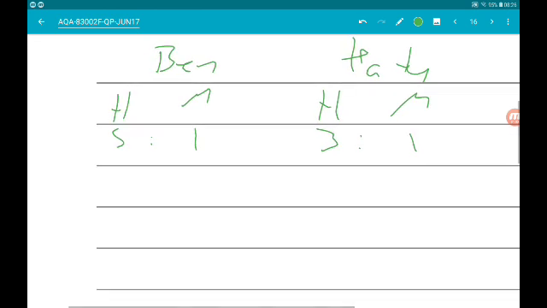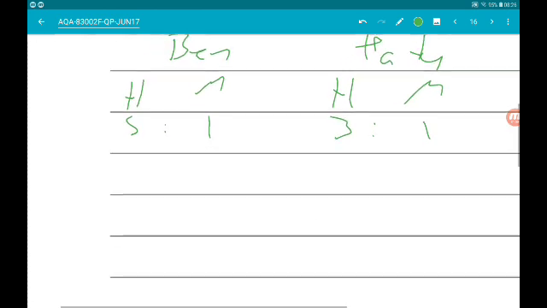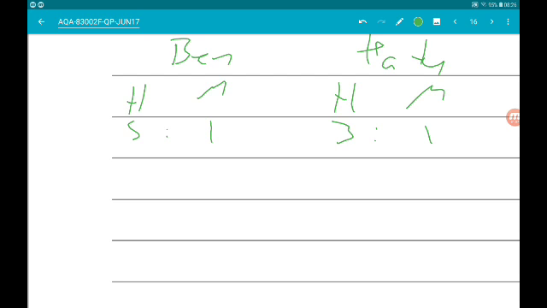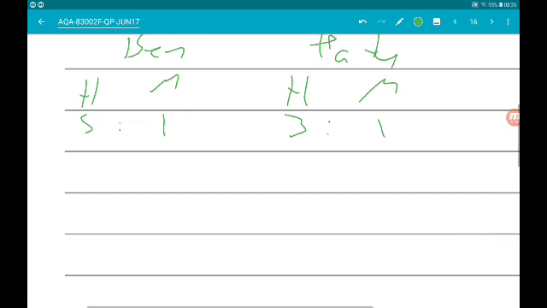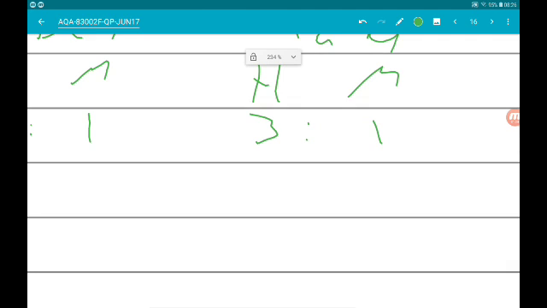Ben might only have thrown 6 darts and hit the target 5 times and missed once. Katie might have hit the target 6 times and missed 2 times.